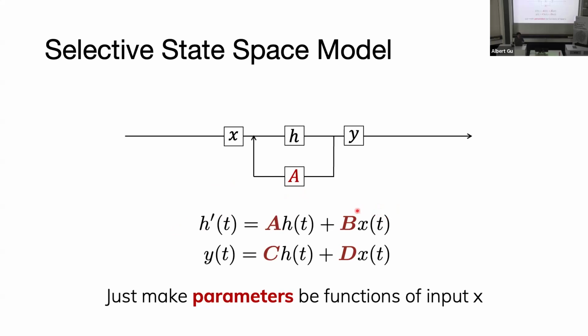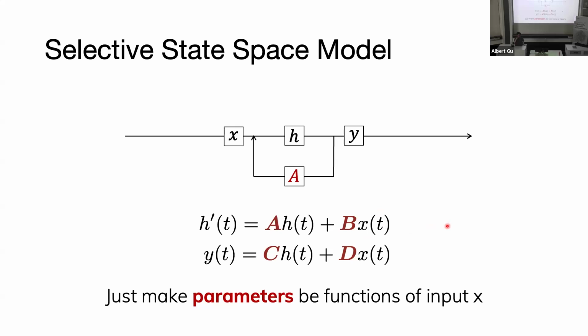So this motivates the selection mechanism, which is a very simple difference: the A, B, and C parameters, instead of being constants, are going to depend on the inputs. This gives the model the expressive power needed to decide whether to pay attention to and select new inputs versus ignore them.